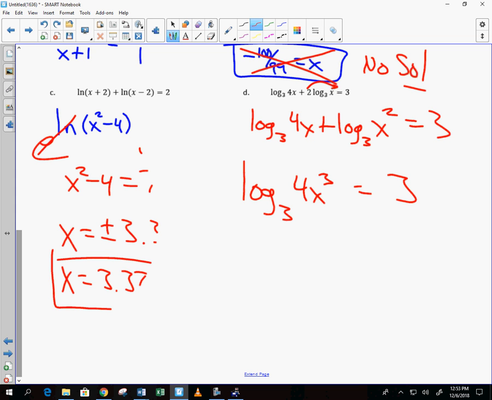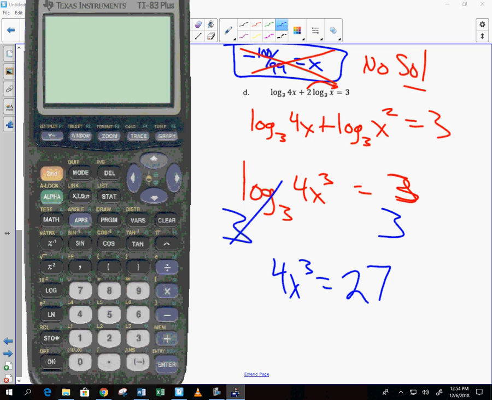Now I have a single logarithm. That's an ugly 3, wasn't it? I create a base of 3 to get 4x cubed is equal to 27.